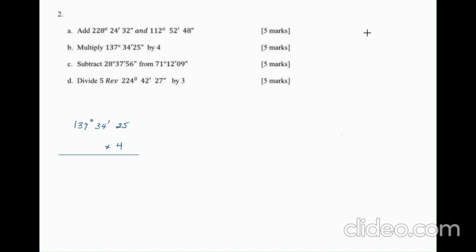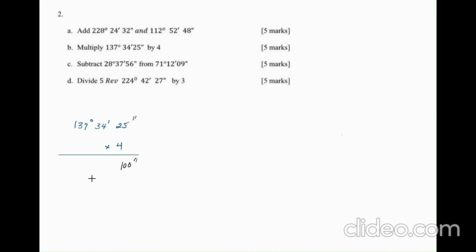Okay, so let's look at part B. What we're going to do now is multiply what we have here by 4. This might look a little confusing, but it's not, because all we're going to do is multiply. Okay, that's all we're going to do. So when I multiply 4 times 25, so this is seconds, I get 100 seconds.